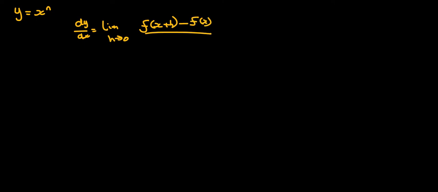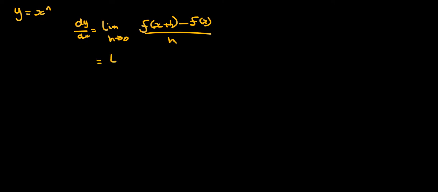This is a video looking at the derivative of y equals x to the n by first principles. So we use the limit as h goes to 0 of f of x plus h minus f of x, all over h.